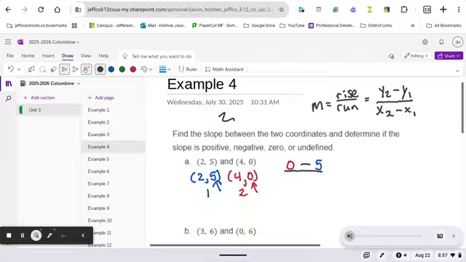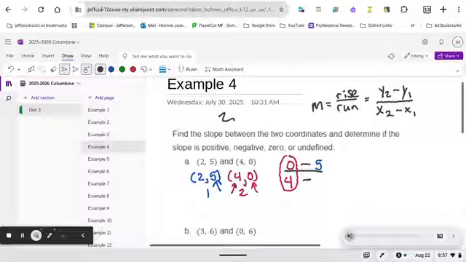And then we need the x value. For the second point, the x value is 4. Notice that the reds are lining up with each other. Then we have minus, and the x value for point 1 is 2, and notice again that the blues line up with each other.